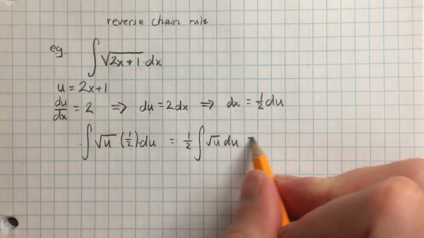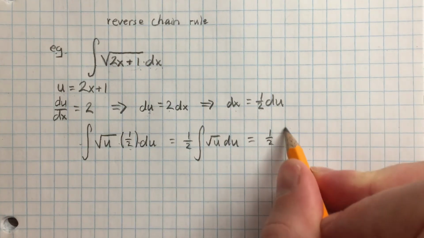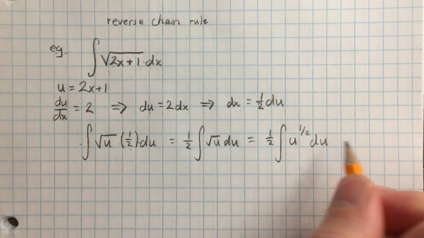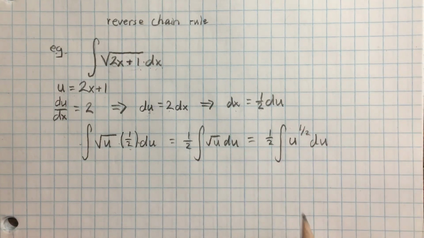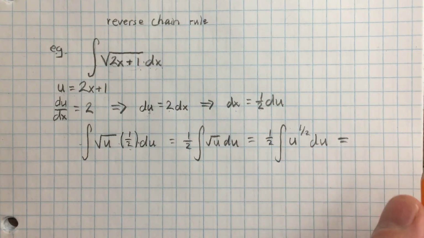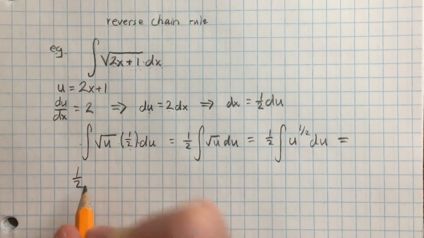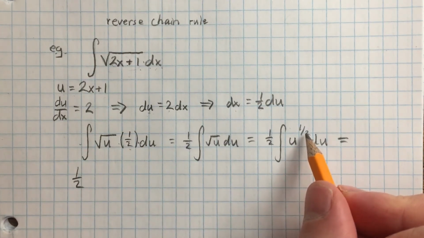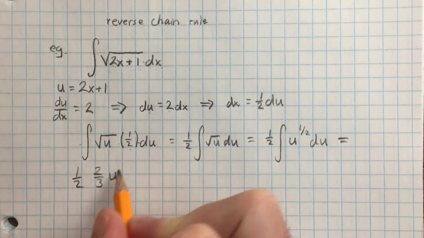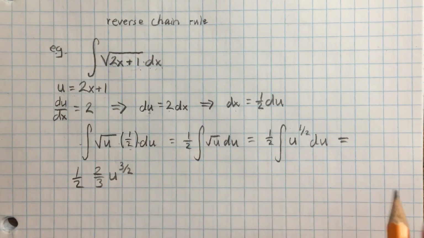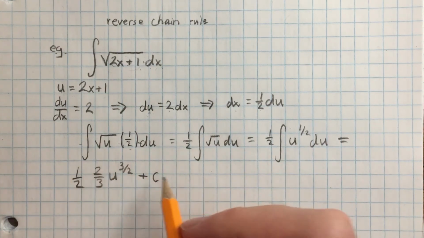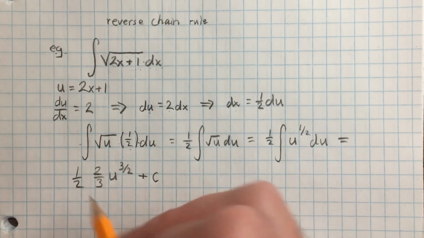So now we just need to take the antiderivative of the root of u. But the root of u is the same as u to the 1/2 power. And now we can do an inverse or reverse power rule on it, however you want to talk about it. So that should be the same as 1/2. The power goes up to 3/2, and then I multiply by the reciprocal. So 2/3 u to the 3/2, and then plus c, because this is an indefinite integral for my example. All right, so that's a product.